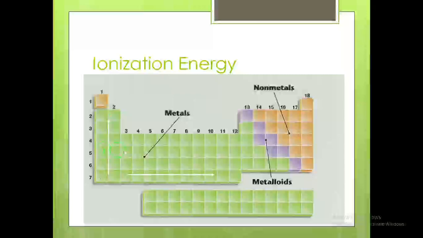So when we are going across the period, the ionization energy is increasing, which will be represented by this arrow. It increases across the period and increases upward in a group, towards the highest ionization energy flowing here.